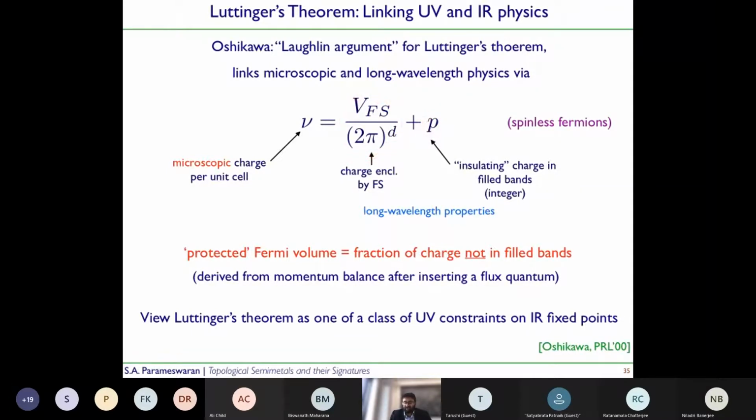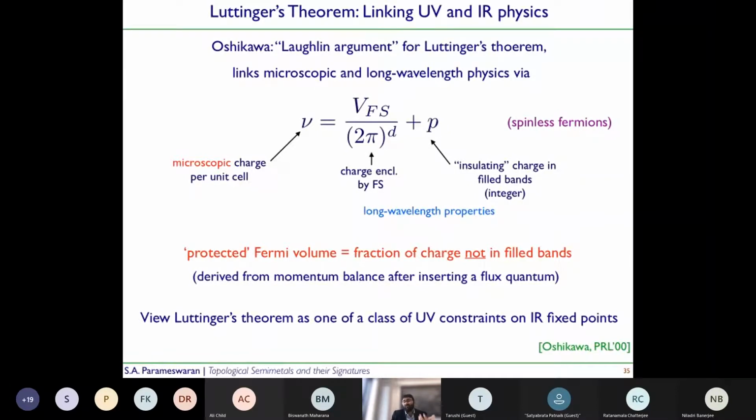So if you like, what Luttinger's theorem tells you is that the protected Fermi volume is whatever fraction of charge is the fractional piece of the charge, because everything else can be dumped into filled bands. And actually, this can be given a very nice argument, completely independent of any diagrammatic theories, because what you can do is ask about how the ground state evolves under some Laughlin argument and ask how much momentum flows into the ground state.